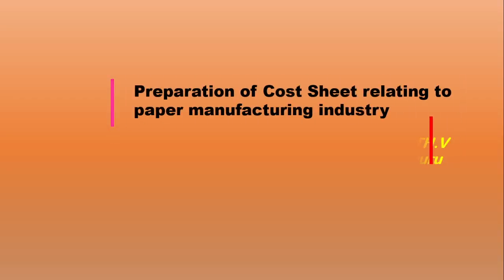Today in this video, we will learn about preparation of cost sheet relating to paper manufacturing industry. As we discussed in our previous videos, cost accounting system can be adopted by many industries. Those industries who are very much indulged in manufacturing activities usually adopt cost accounting technique.